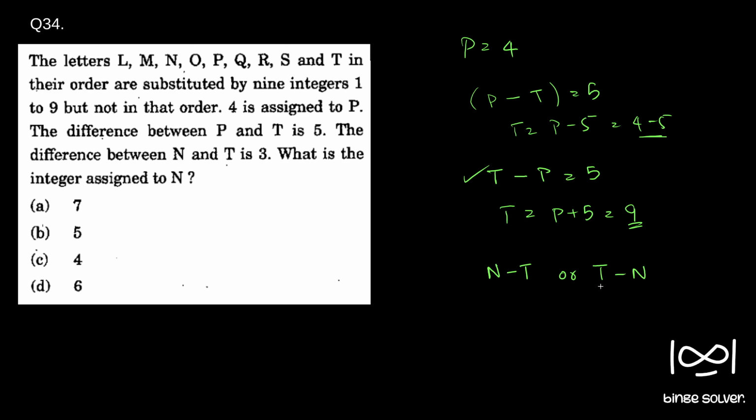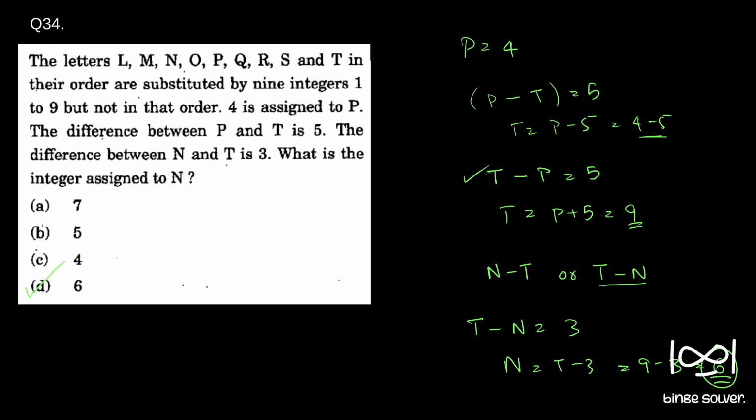So it is T minus N only. T minus N is 3, it is given. So N is T minus 3, or 9 minus 3, which is 6. So our answer is D. Solution to question 34 is D, 6.